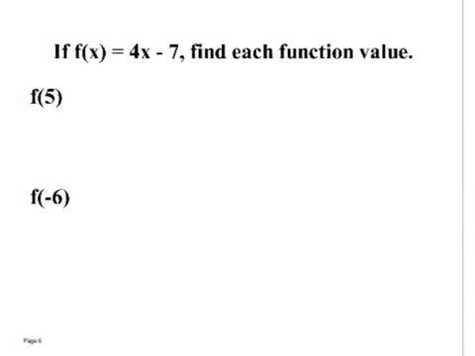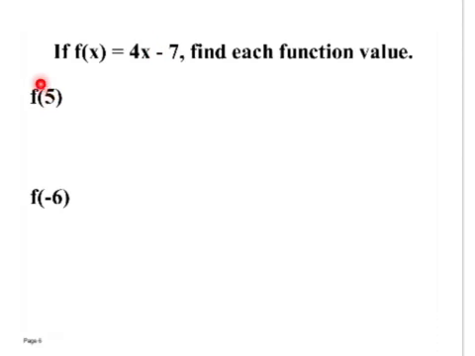Alright, write all of this down. If f of x equals 4x minus 7, find each value. So this could have been written y equals 4x minus 7, but they wrote it in function notation instead. F of x, all this means is the function with x as the variable is 4 times x minus 7.